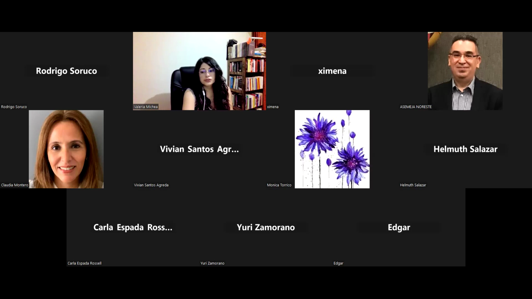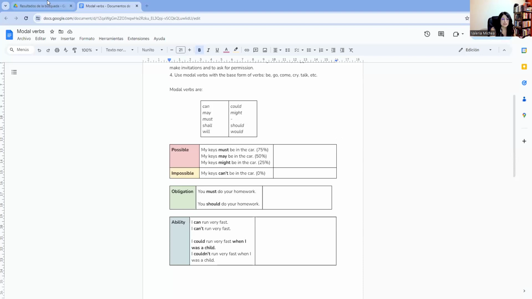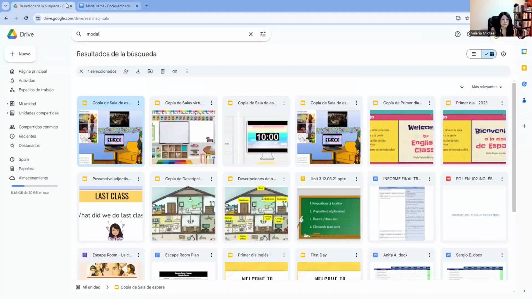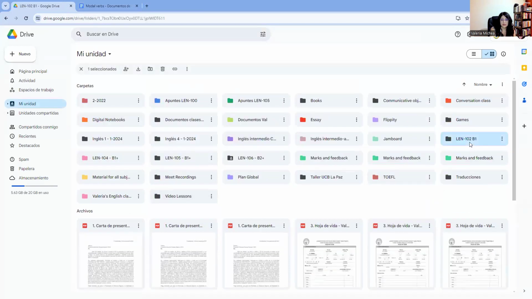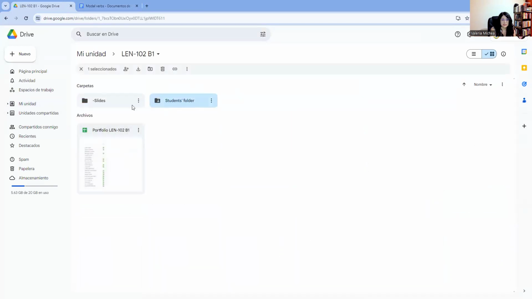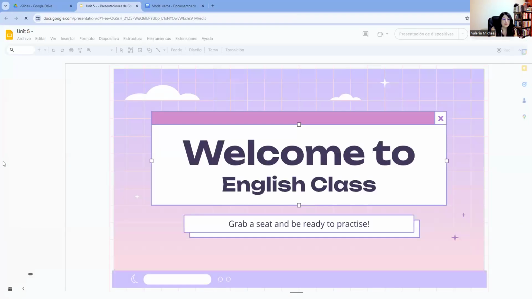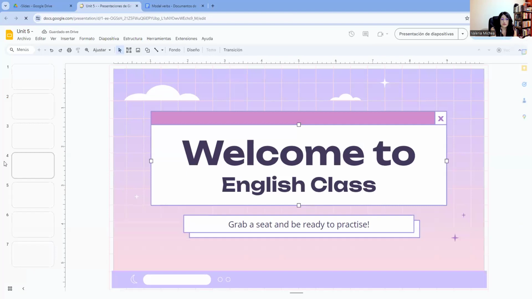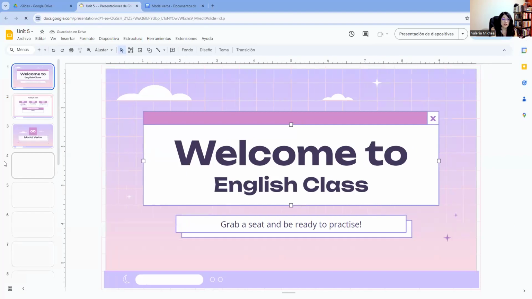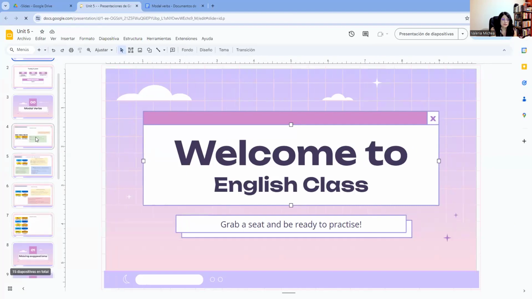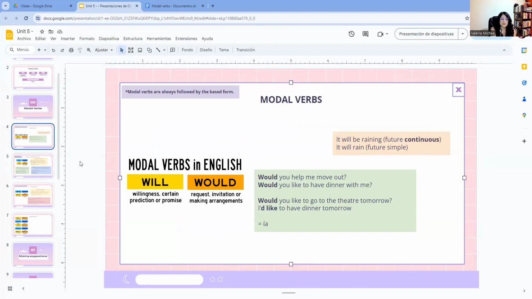And today, well, last class I was working with a presentation. Let me see if I can get it. And it's here. So last class I was showing you this presentation where you had to consider some modal verbs for some specific uses.